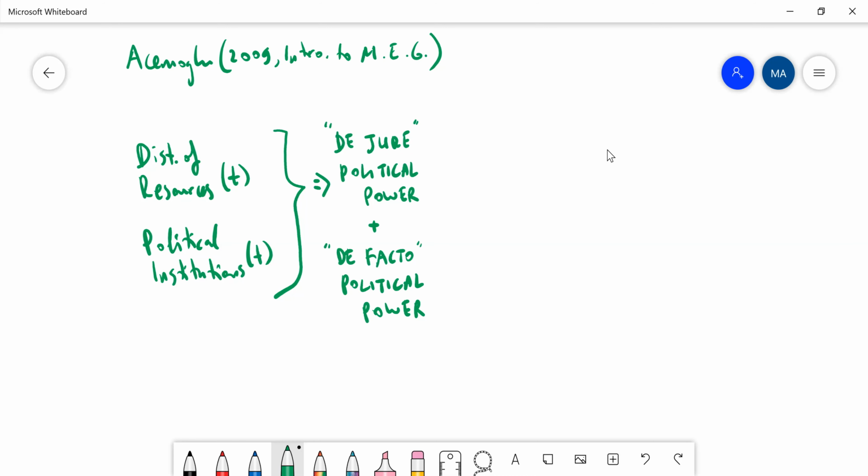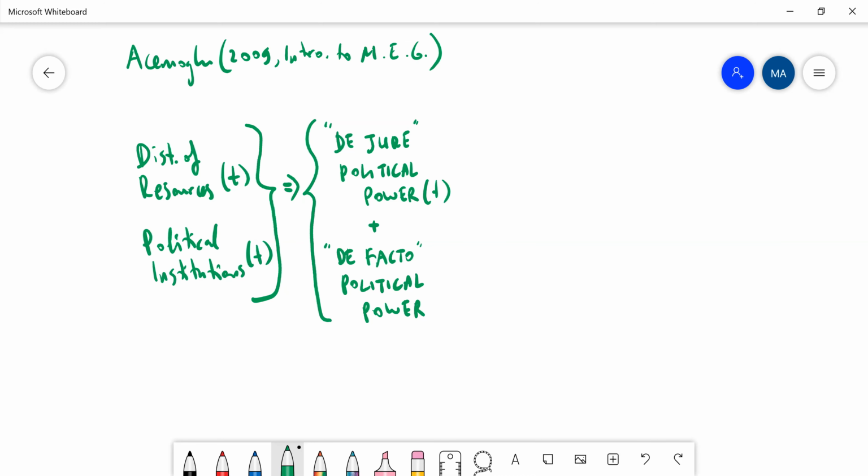So these two are determined by the distribution of resources. So let me be more careful. So the distribution of resources today and political institutions today together determine de jure political power and de facto political power at time t. Okay?